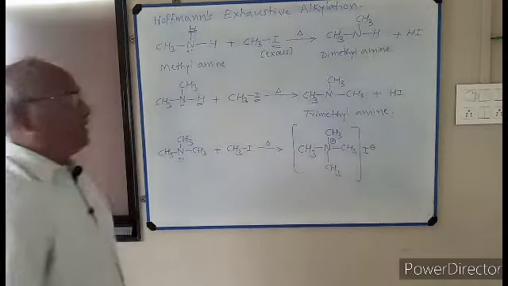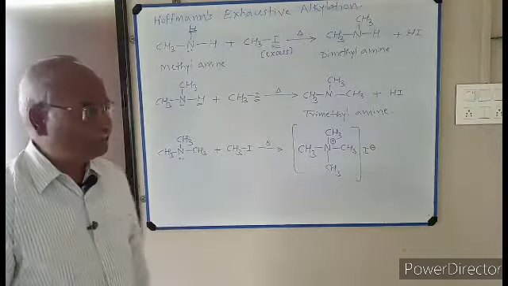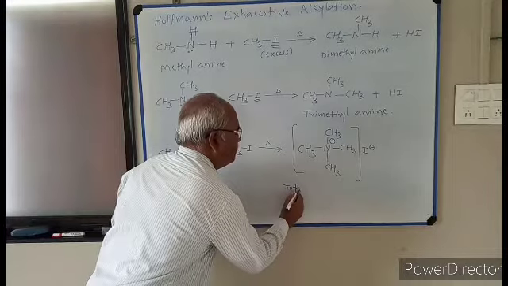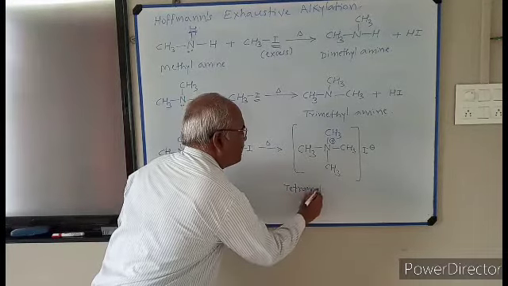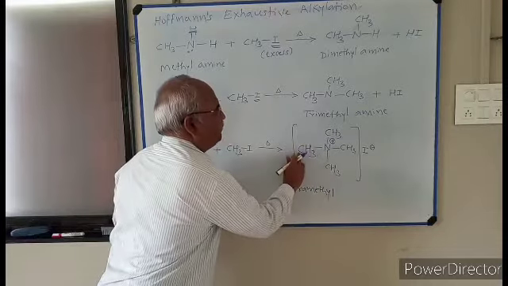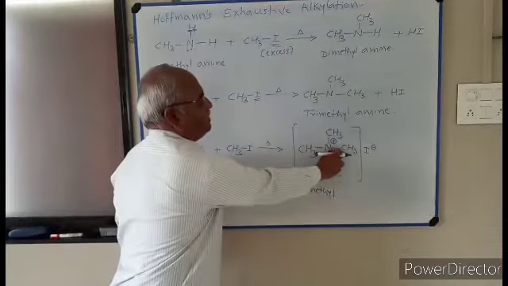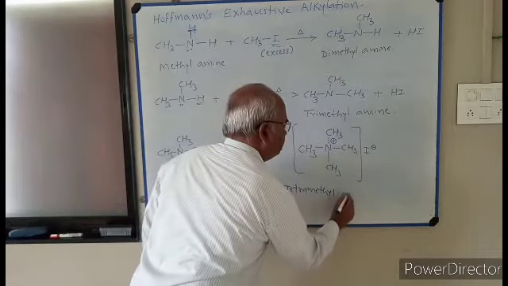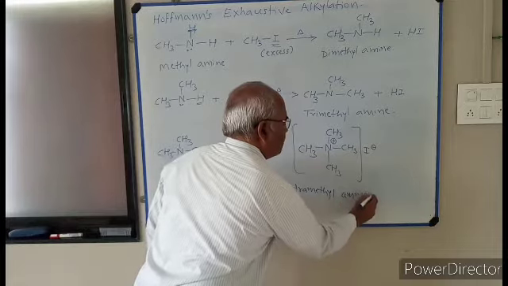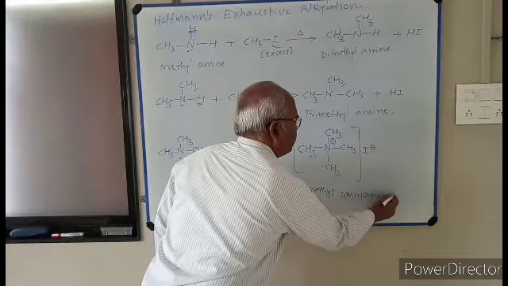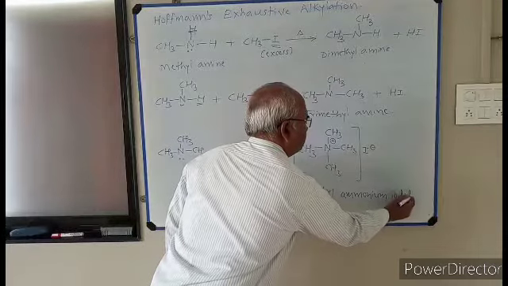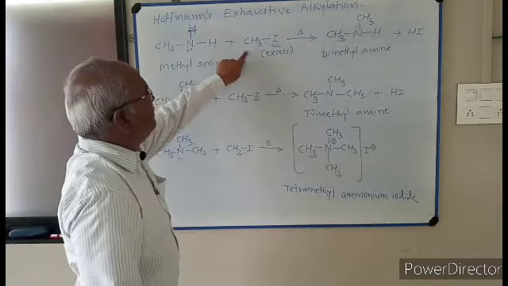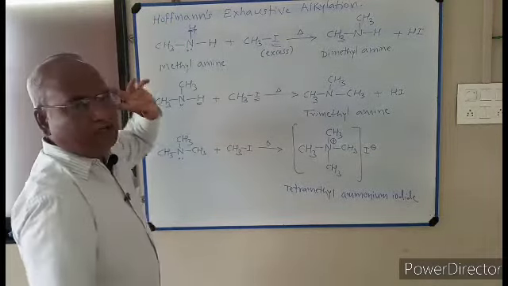This quaternary ammonium salt is formed. It is known as tetramethyl ammonium iodide, as the methyl group is present 4 times. This reaction is the methylation of methylamine.